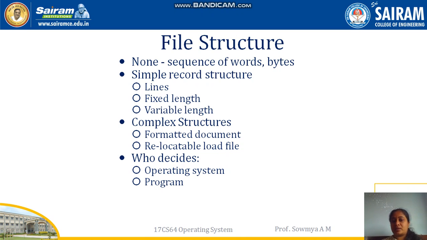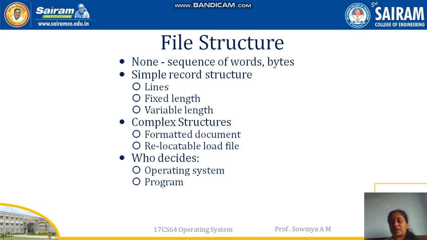Complex structure is like formatted documents and relocatable load files. Formatted documents and relocatable data files are structures of files where the operating system decides how to store them and how to relocate them. These relocatable load files are the files for the compiler, like compiling and load files.